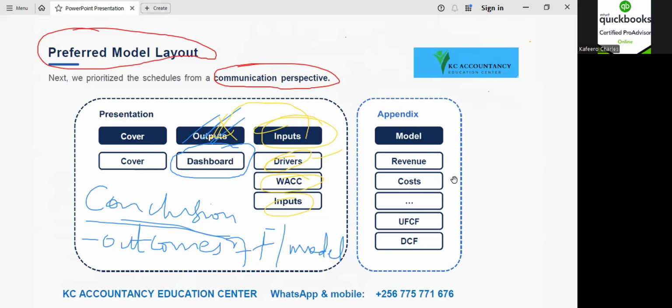Even though we have a few tables here, because you are seeing here we have a few tables, we have just put a small number of the modules, all the model schedules.